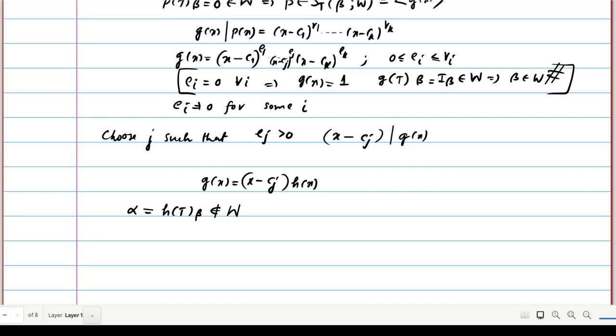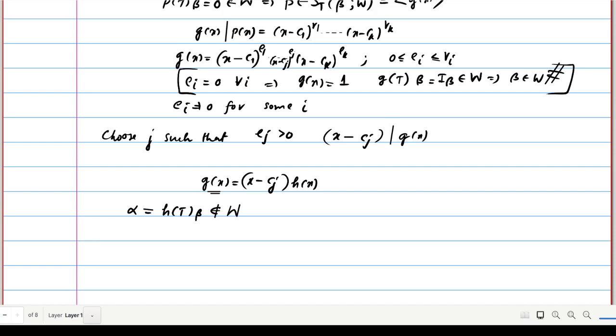Then g is the minimal degree polynomial which brings beta into w, but here h has degree less than the degree of g of x. Therefore h of t of beta can never be in w. If it were in w, then h would have been the monic generator.